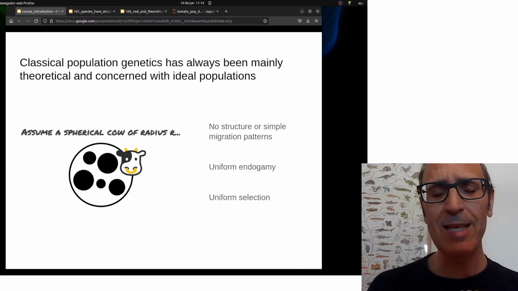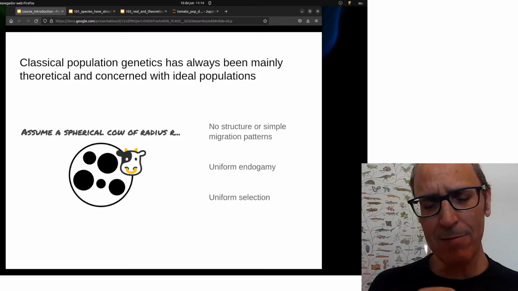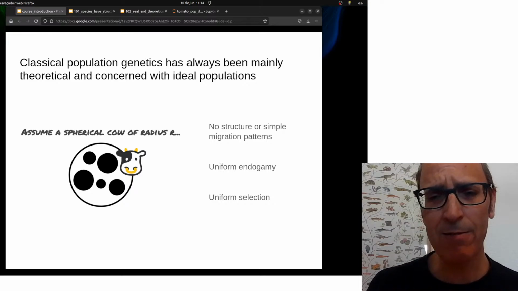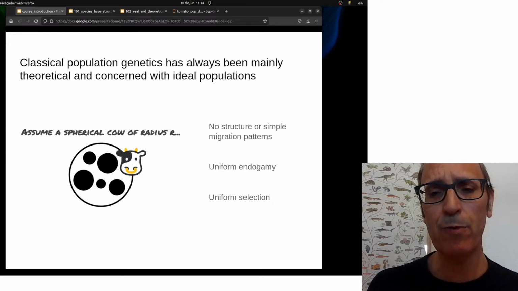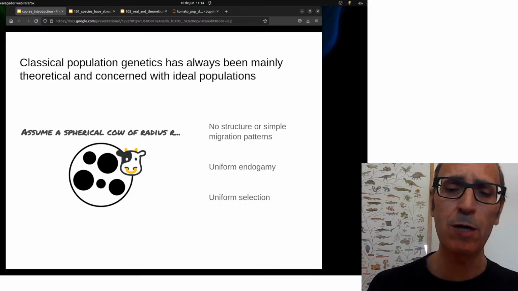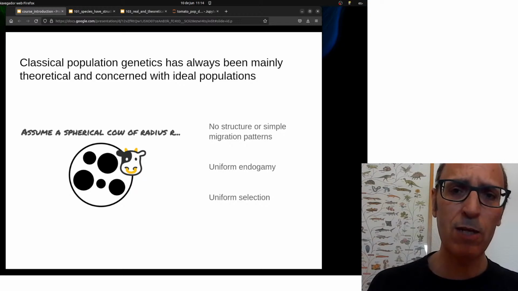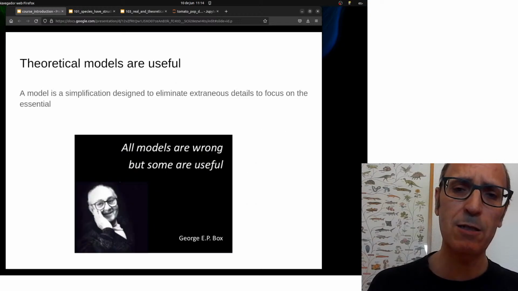But even though these models are very simplified, they are useful for thinking about how real populations evolve. So it's very important to take these models and to understand these models.